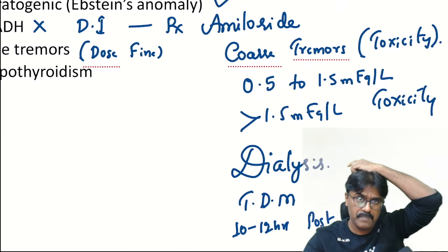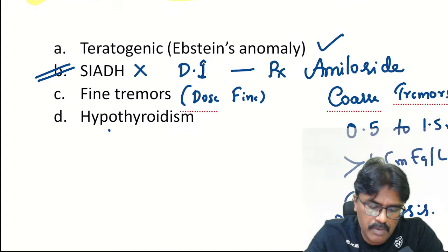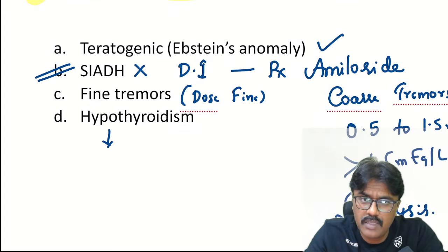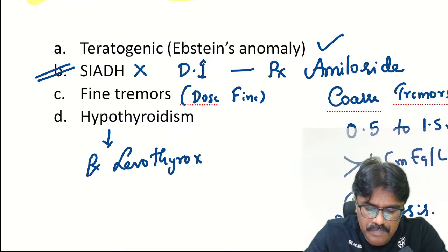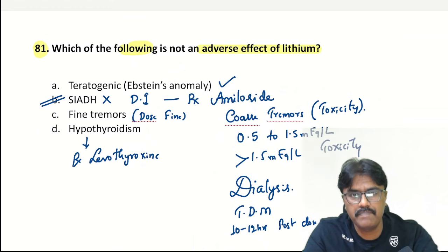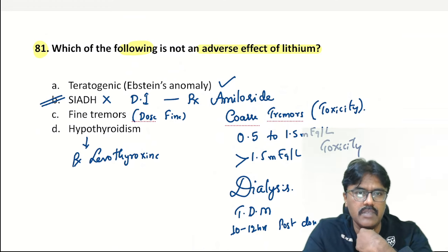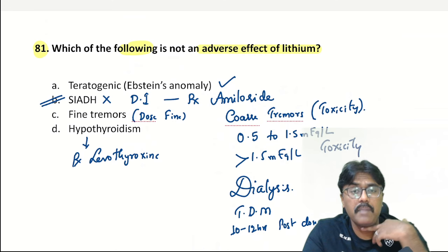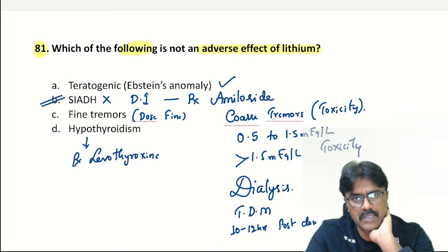Yes, does it cause hypothyroidism? Yes. What's the treatment for hypothyroidism? Should I stop the lithium? No. Treatment is levothyroxine. You give levothyroxine and treat it. So this is about the adverse effects of lithium. It's teratogenic. It can cause fine tremors, hypothyroidism, diabetes insipidus, and lithium can also increase the count of leukocytes.